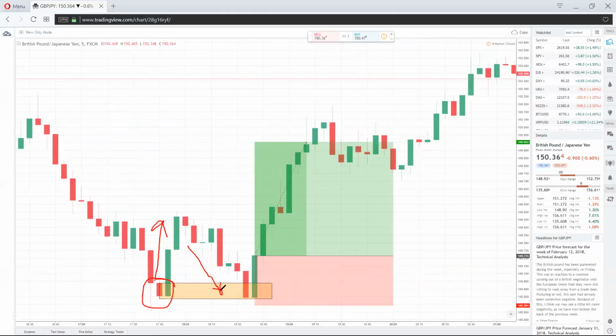And so you can see my entry was here. And my entry was here. Of course, I just know that if price pushes out of the zone again, that means the orders that were taken the first time ended. And then the remaining orders that were here caused price to push out again. Yeah, so that's basically it.